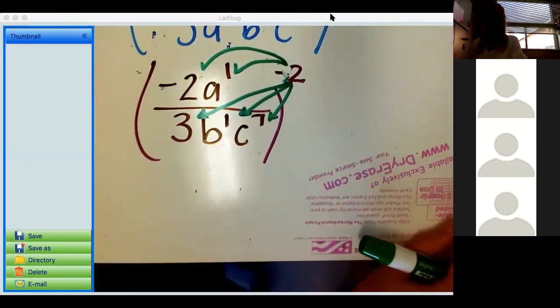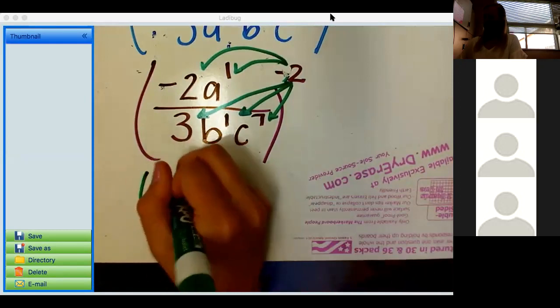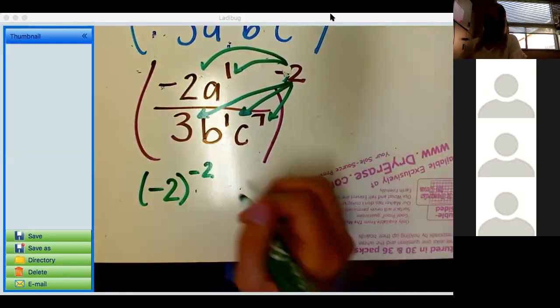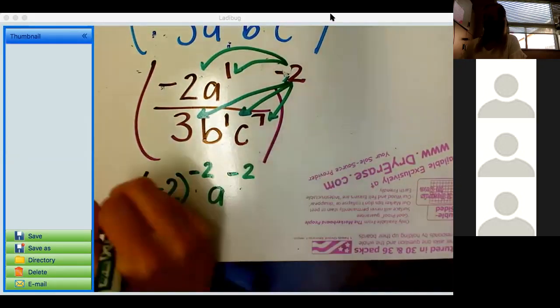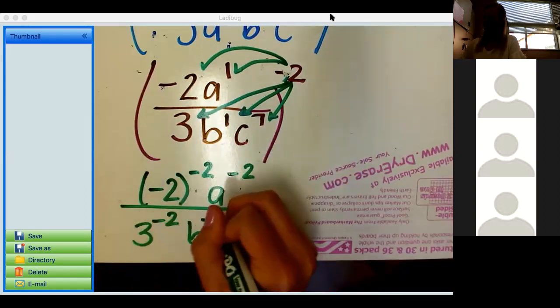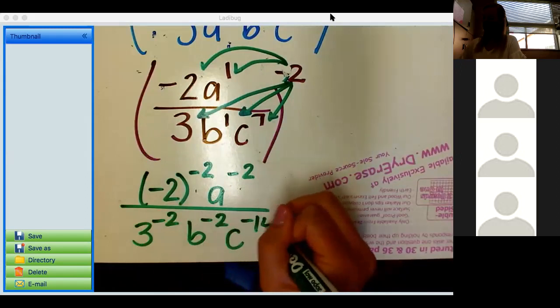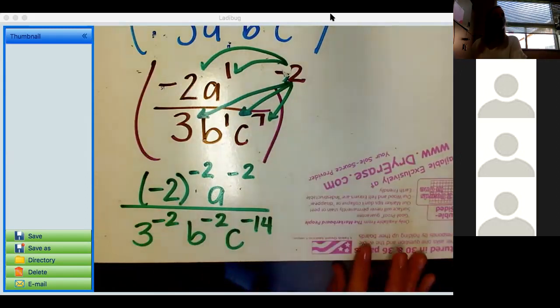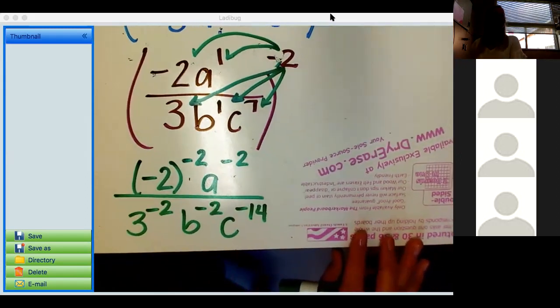Okay. So this is -2 to the negative second, a to the negative second, 3 to the negative second, b to the negative second, and c to the negative 14th. I just multiplied.